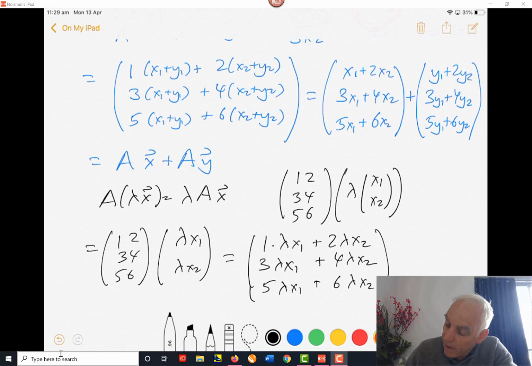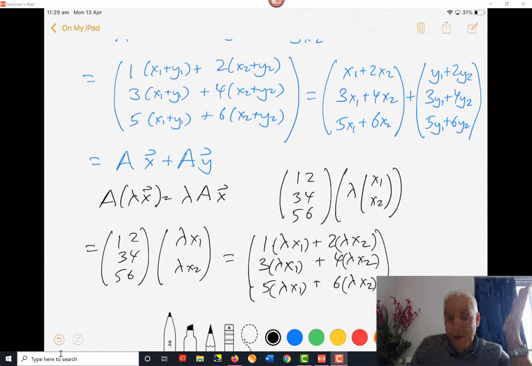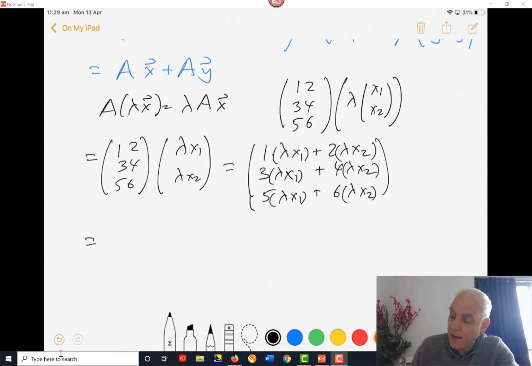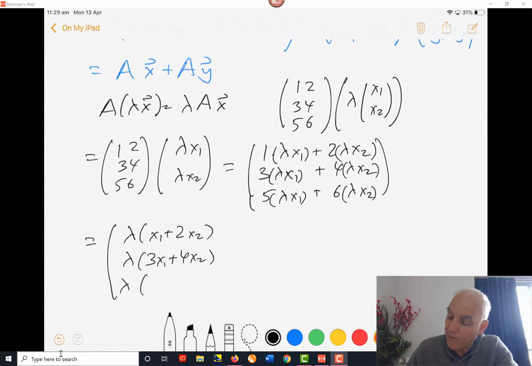Now, strictly speaking, I should really put brackets around here because that's really the order that we're doing it in, isn't it? Okay. But because inside here there's just numbers, we don't actually really need the brackets. And so we could rewrite what's inside there as lambda times (x1 plus 2x2), and then lambda times (3x1 plus 4x2), and lambda times (5x1 plus 6x2).